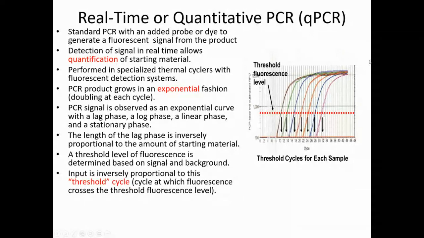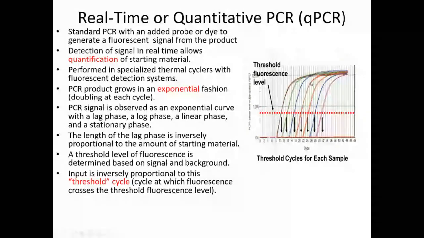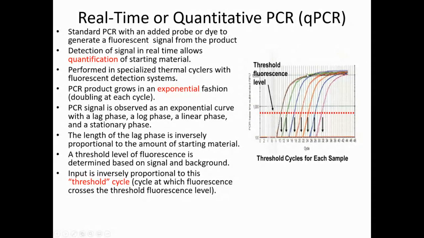Okay, and from this curve, you can see the first curve reaches the plateau at probably cycle 25, and then number 7 reaches the plateau at about cycle 38. If you perform conventional PCR with 40 cycles of amplification, you would not be able to distinguish the difference between the number 1 and number 7 curves, right?